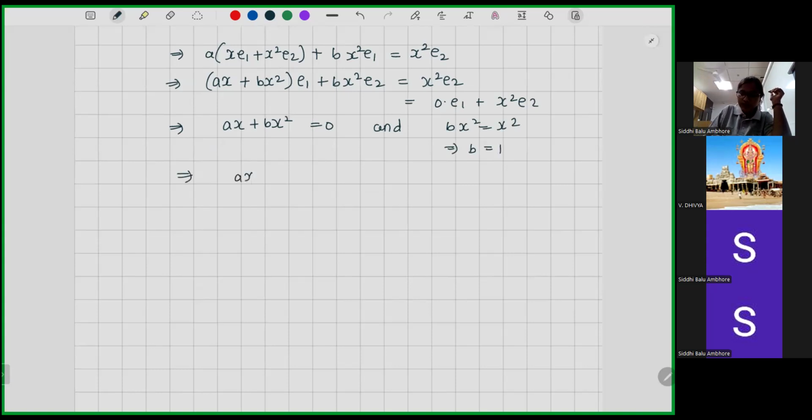So these imply Ax plus x square is 0. Is there any error?